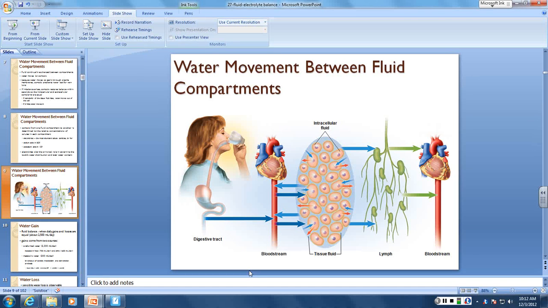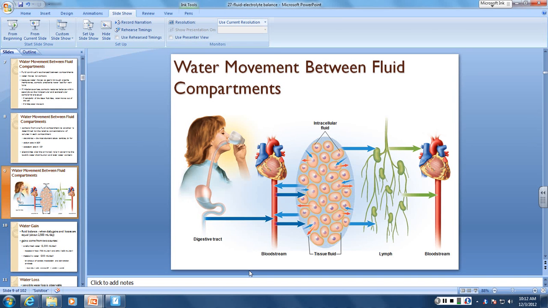But some of that water can move into the interstitial fluid, the tissue fluid. Okay? Now, what we're talking about here is what determines if that water is going to move into the tissues or if fluid from the tissues is going to go into the bloodstream.